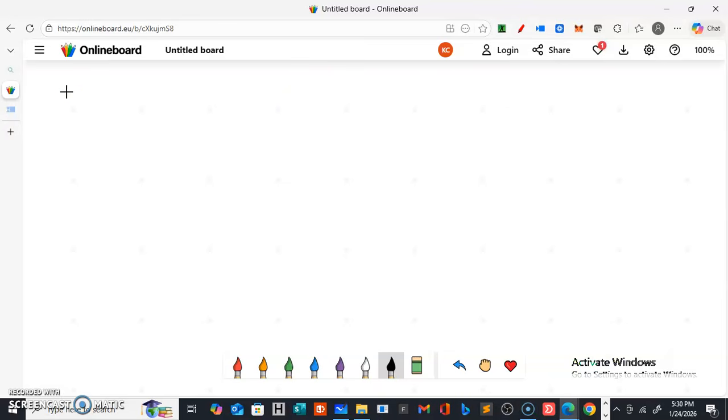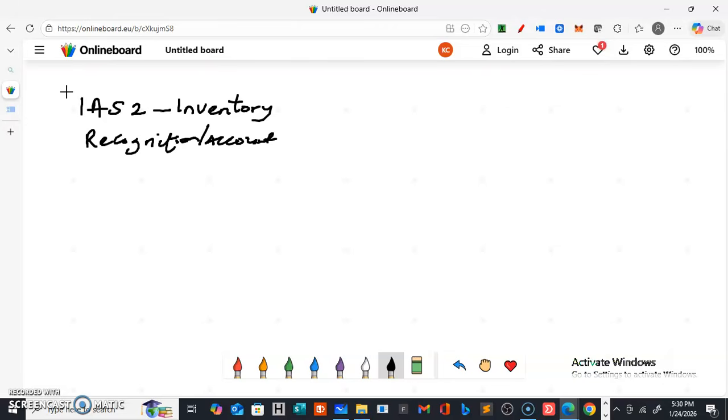According to the IAS, IAS 2, which is on inventory, we're going to be looking at the recognition, slash accounting for written down value, also known as WDV.